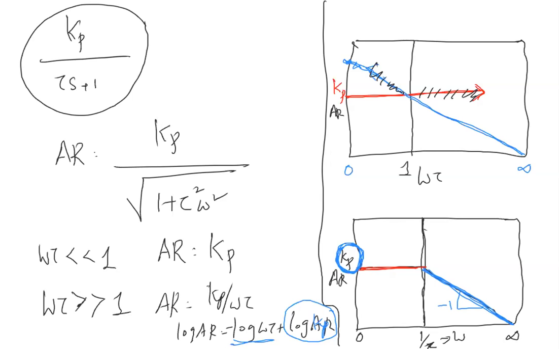Because it is minus log omega tau. The blue line will intersect at log kp values.